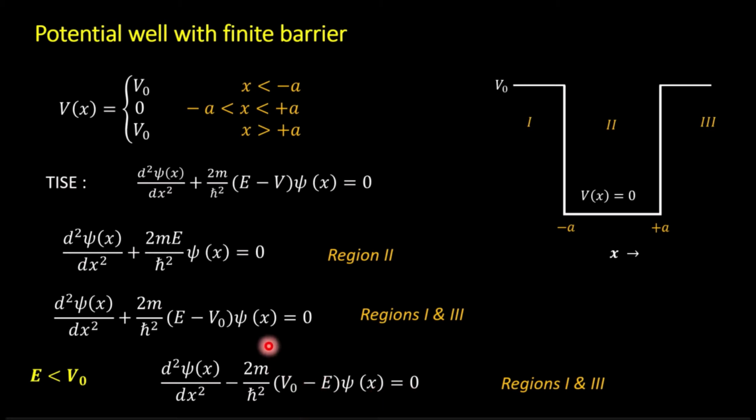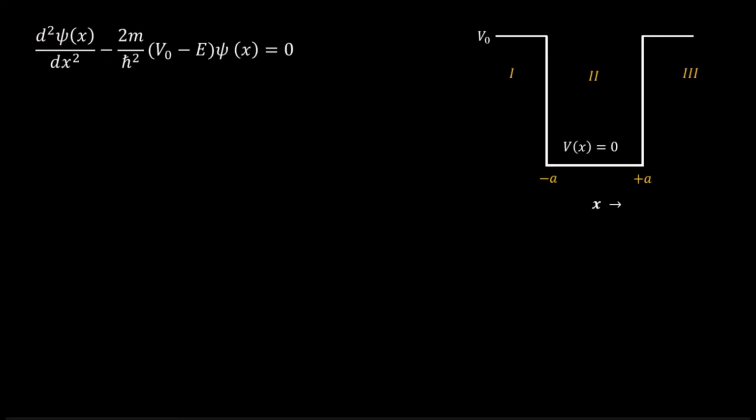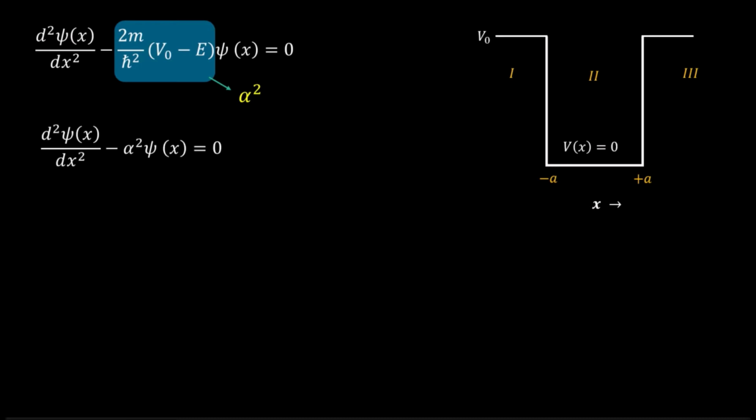We have made this rearrangement to ensure that 2m by h cross square (V0 minus E) is a positive quantity, and since we are changing the sign, we put a negative sign in this position. Now if we take 2m by h cross square into (V0 minus E) as some positive constant alpha square, this equation can be simplified as d square psi by dx square minus alpha square psi is equal to 0.